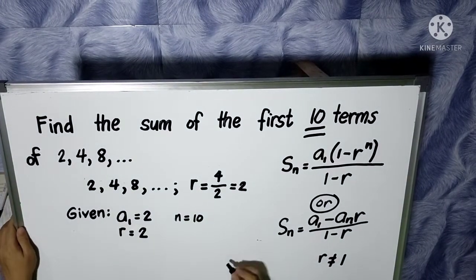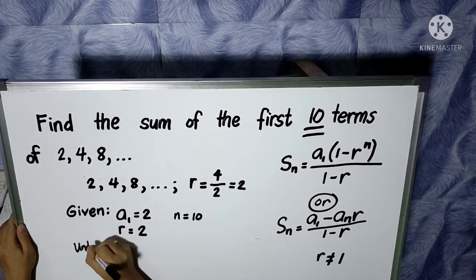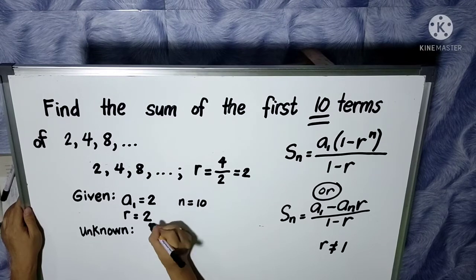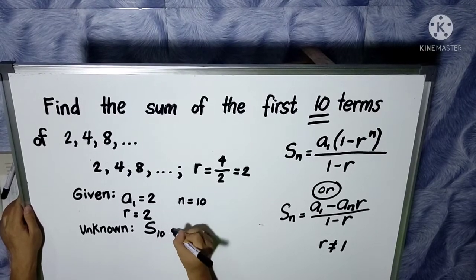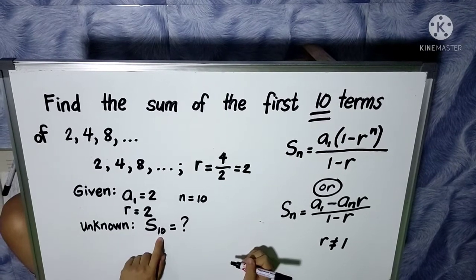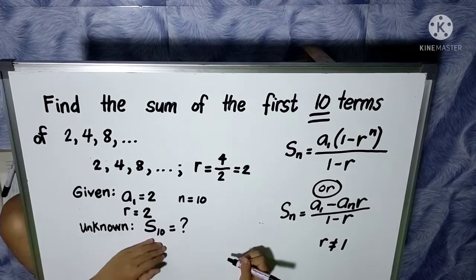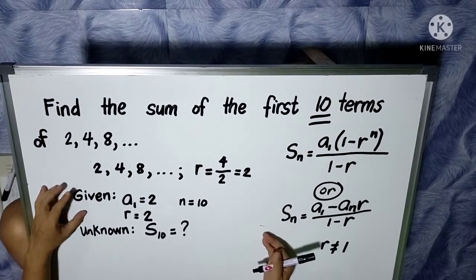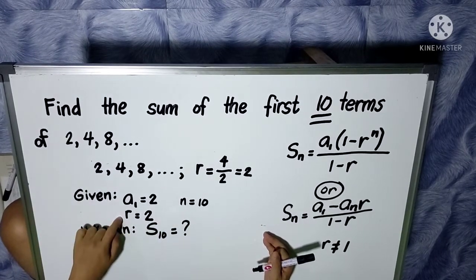So our unknown is s sub 10, the sum of the 10 terms. This time, you need to check which of the formulas has the following given.